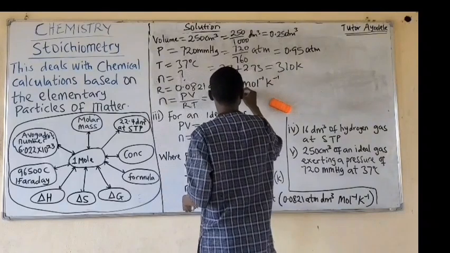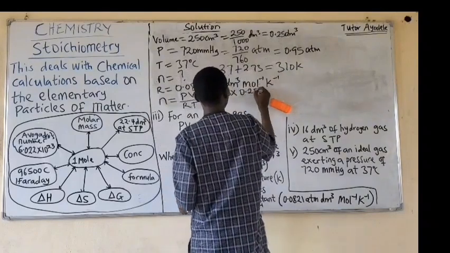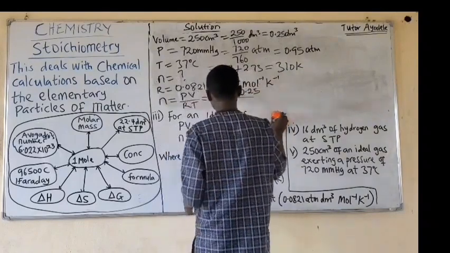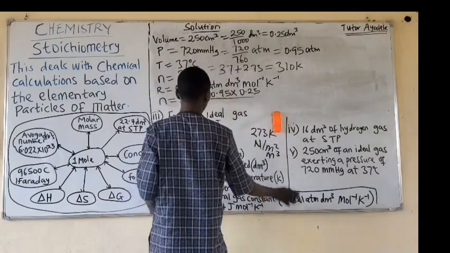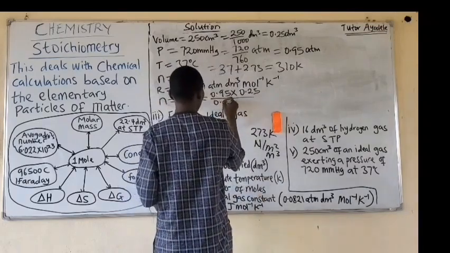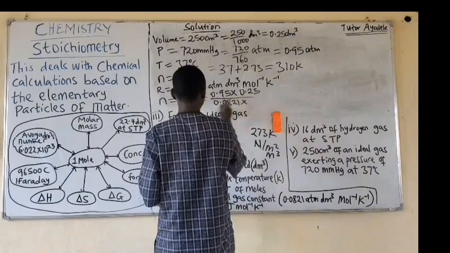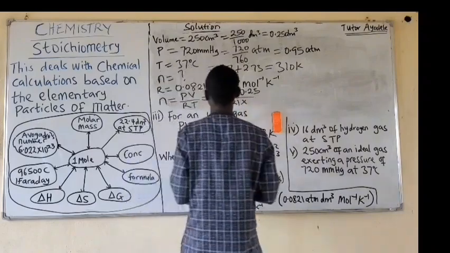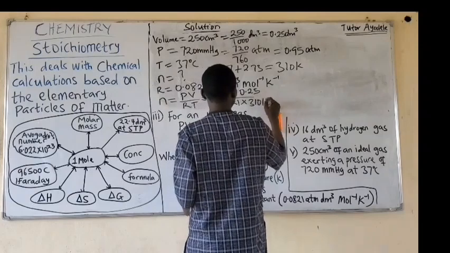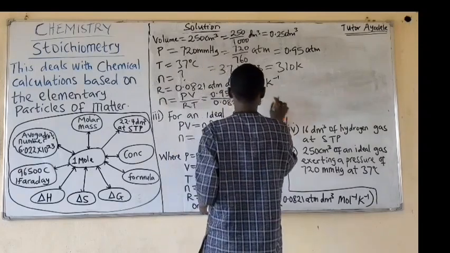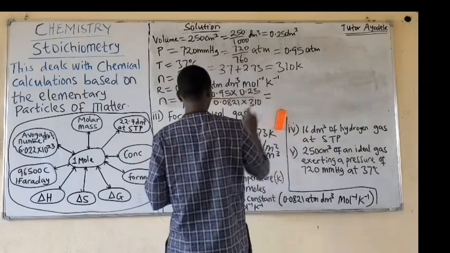We have converted it to 0.25, all over, what's our R? Our R is 0.0821 times, what's our temperature? Our temperature is 310.